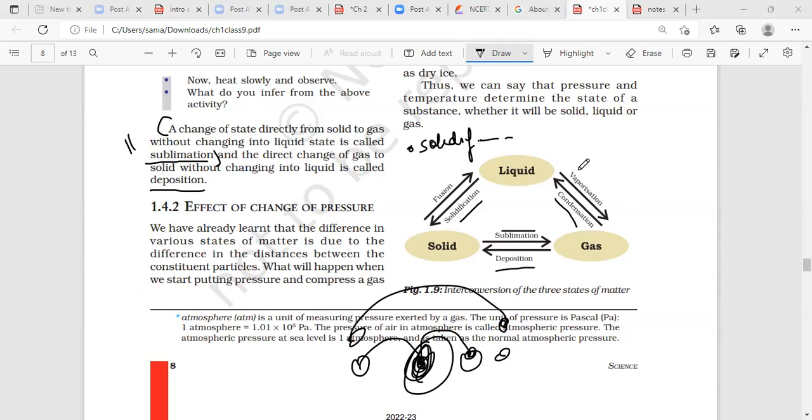Now you will draw this diagram in a notebook, which is basically a quick revision. We did everything, right?